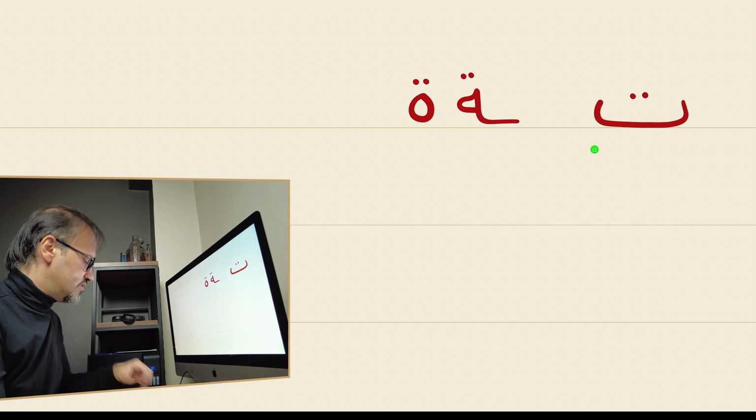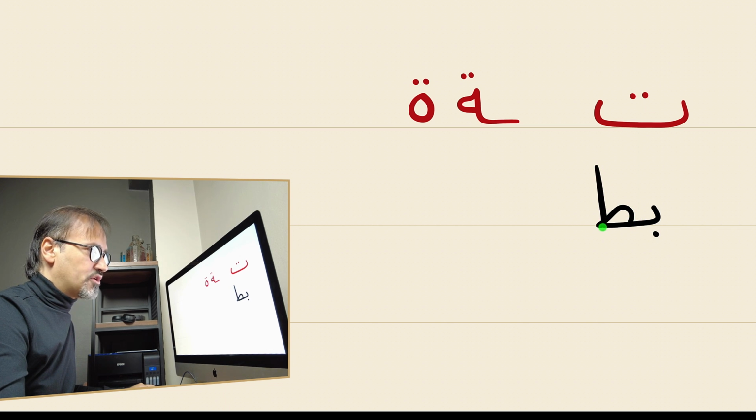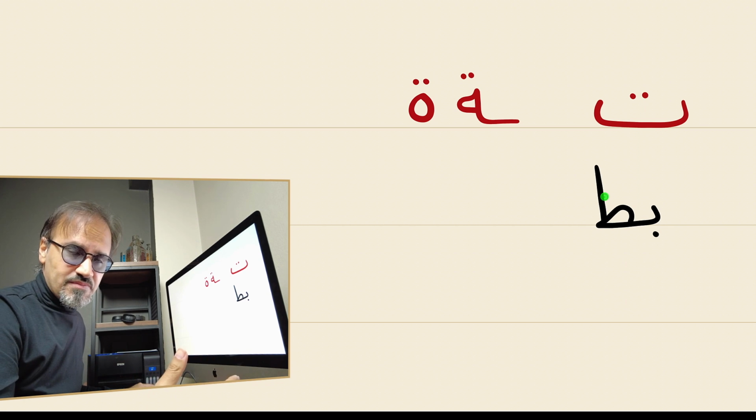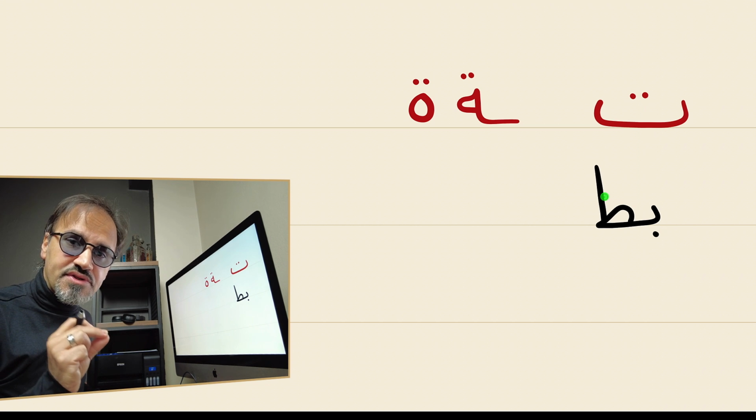Let me give you an example. We wrote the word for ducks, which is bat. This is the ta sound. Remember that dark T? Now, bat means ducks. But if I wanted to say one duck, I have to say bat.